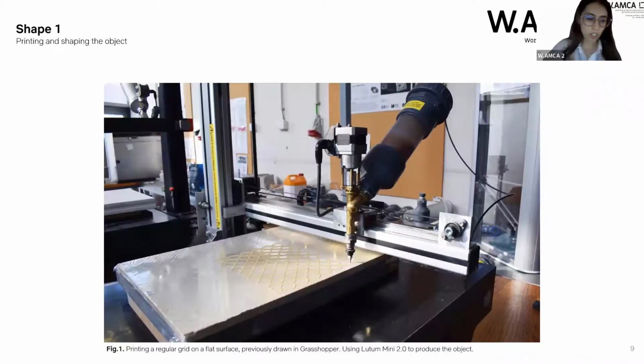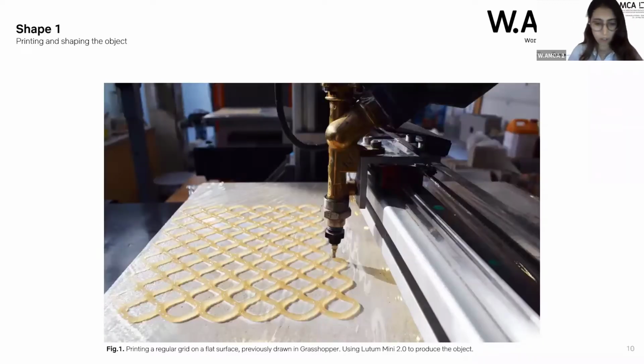Here is an image showing the printing of the regular grid on a flat surface using the Lutum Mini 2.0 with an air pressure of 1 bar. It was decided to print on a film to easily move the mixtures and put them in a mold if I want to shape them. So this is another perspective of the print.